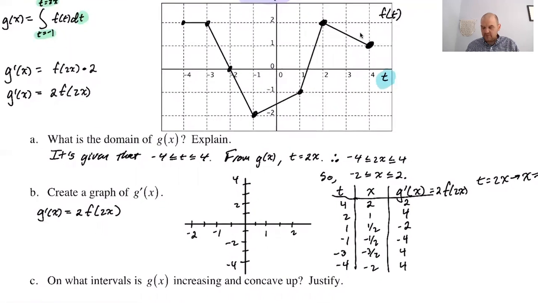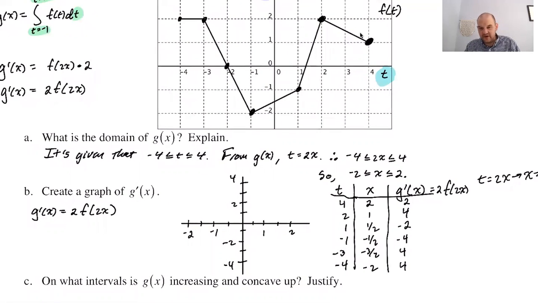All right, so I'm going to plot these points, x comma g prime of x. So 2, 2, and then 1, 4, and then we put a line segment between those. And then 1/2, -2, so there. And then -1/2, -4, it's going to be down here.